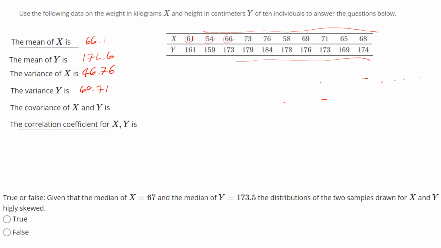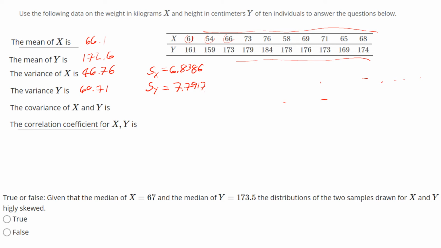The standard deviation, so S of x is equal to 6.8386, and the standard deviation of y is given by the square root of 60.71, which equals 7.7917. Okay, and we'll need those values later, which is why we calculated them.